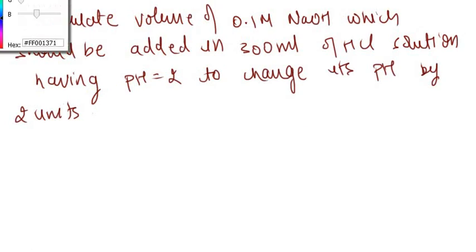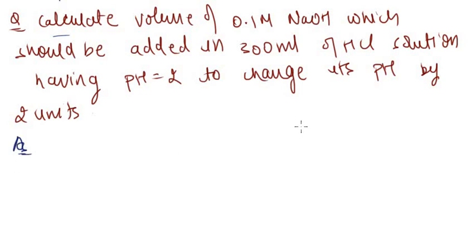Now one more problem. The question says calculate the volume of 0.1 molar NaOH which should be added to 300 ml of HCl solution having pH 2 to change its pH by 2 units. What does it mean?